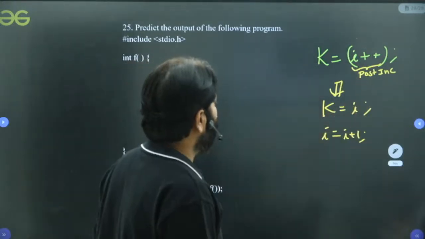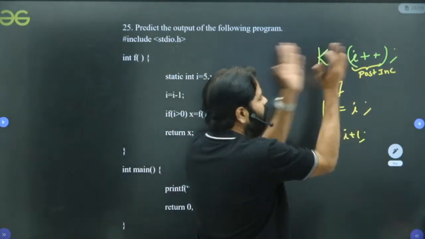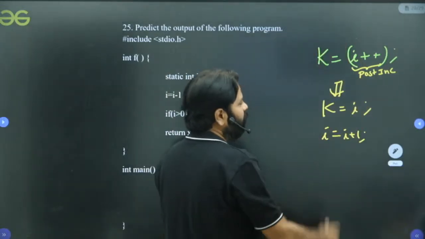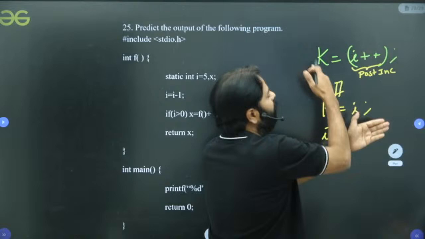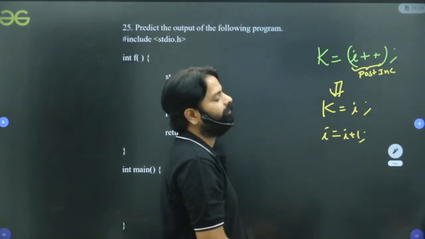Right? Remember this, the increment should not happen now, even because of the parenthesis. Even though it seems it should take effect now, only i should be taken now, because that's the meaning.